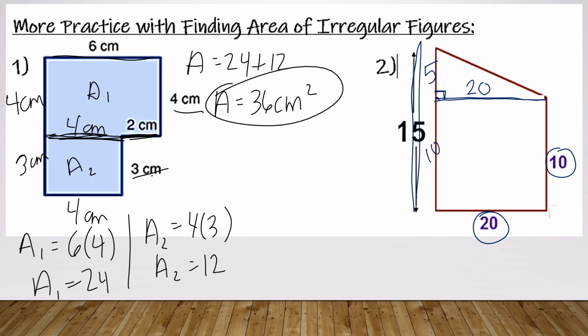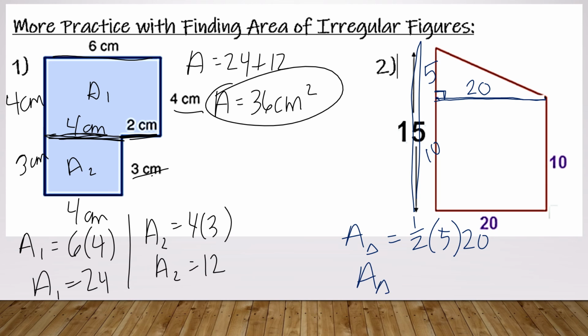Now, I don't really need to know what the hypotenuse of this triangle is because this is a right triangle and I could easily find the area of it by just doing 1/2 base times height. So the area of the triangle is 1/2, the base is 5, the height is 20, or vice versa, whatever you want to do.